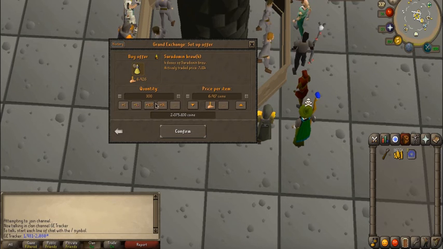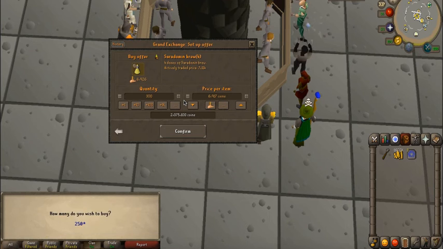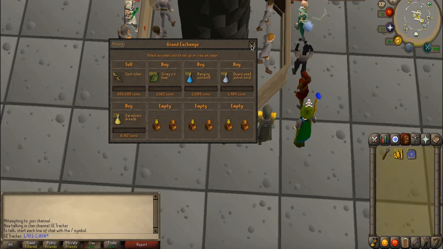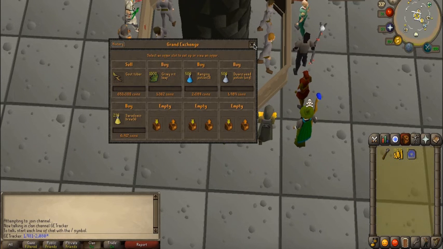I'm just going to go ahead and put the rest of my cash stack into this. Let's go a little bit lower. Okay, 230. And then as a merchant myself, I don't like to stand at the Grand Exchange.